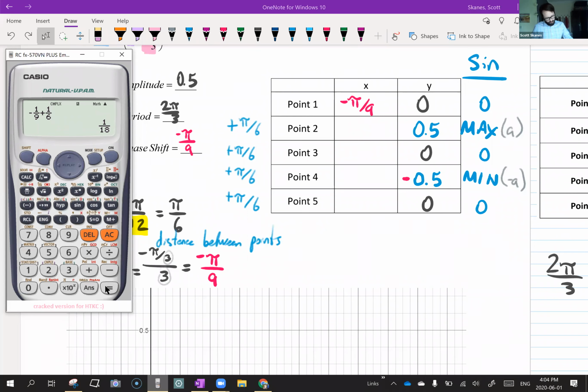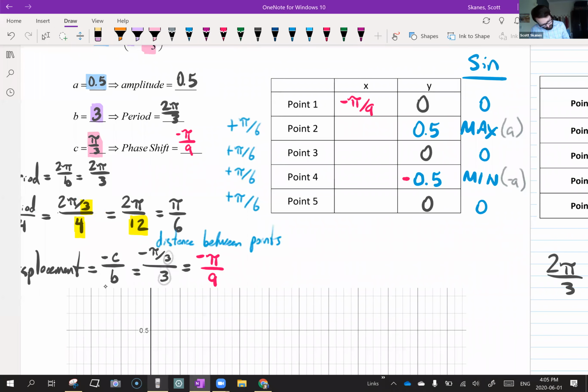That might seem kind of weird, but that's what it is. Pi over 18. Negative pi over 9 plus pi over 6 gives that. So this plus this gives that. And we're going to do that every time. We'll just add it until we get there.